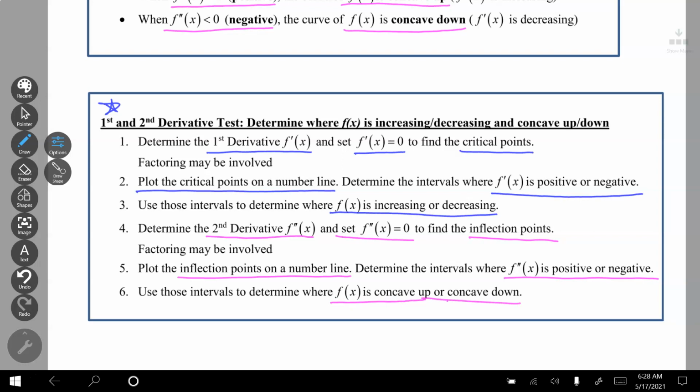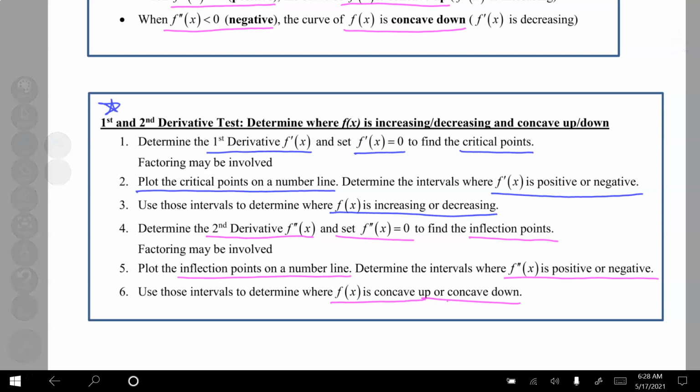Okay, it's not really that hard. We're going to take the derivative using our power rule, our shortcut rule, and we're going to set it equal to 0, and we're going to solve, and we're going to find critical points and inflection points, and set our number lines with the plus and minus signs like we did earlier this year.